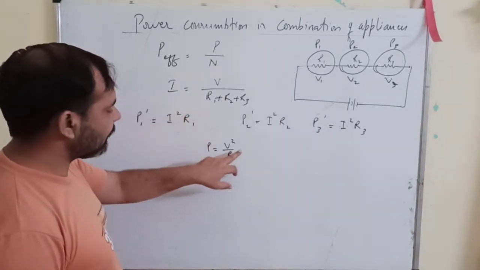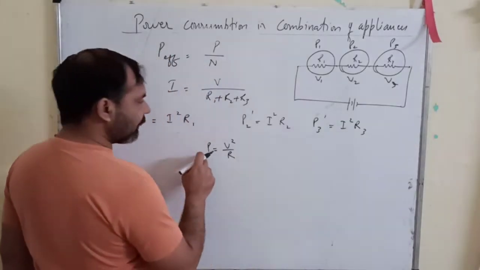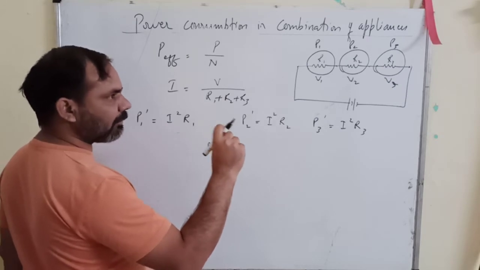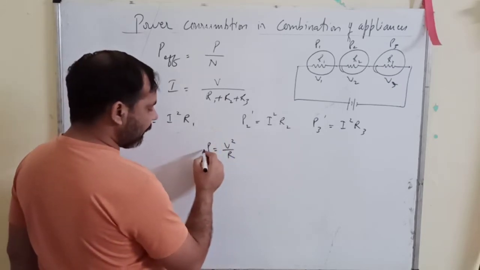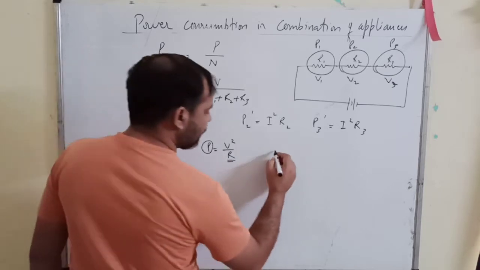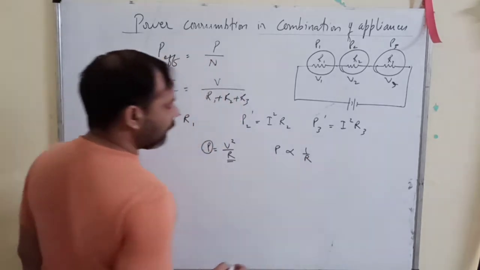Power consumption is inversely proportional to the resistance. You can say the power rating of the appliance is inversely proportional to the resistance. So power rating is inversely proportional to R.